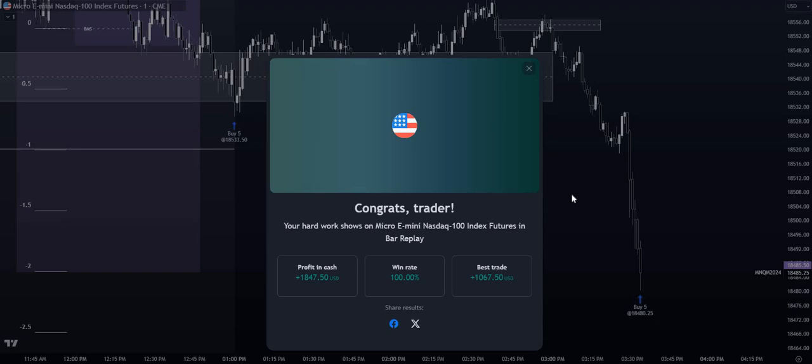Each loss, lower it by 50% and aim for that 1 to 2 risk to reward ratio. Once you get that 1 to 2, take 50% off at 1 to 2 and let the rest run as far as it can possibly go until it starts to reverse on you. Once it reverses on you, pull it. Alright? This is how you maximize your profits and limit your losses.